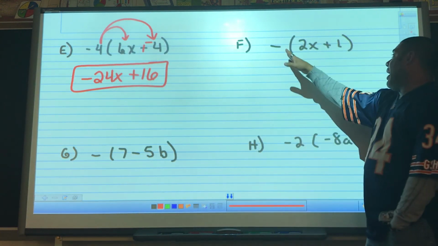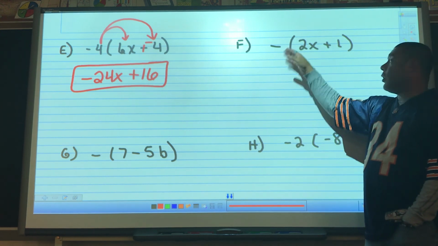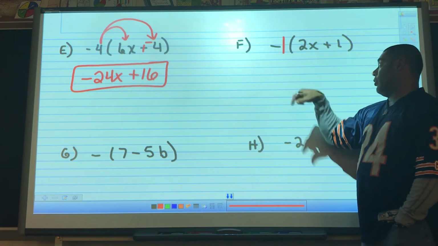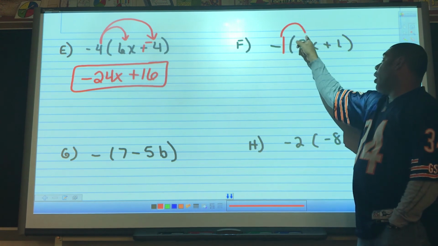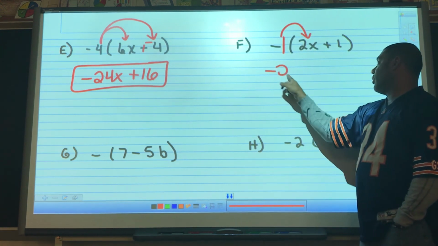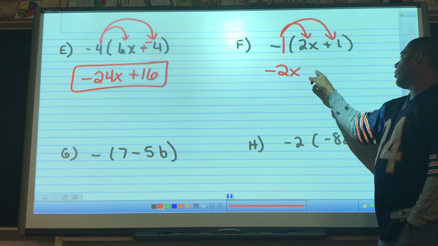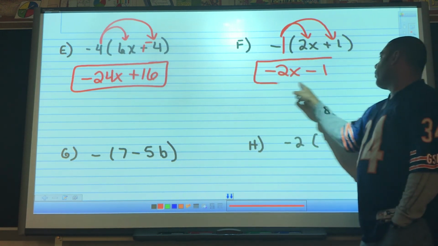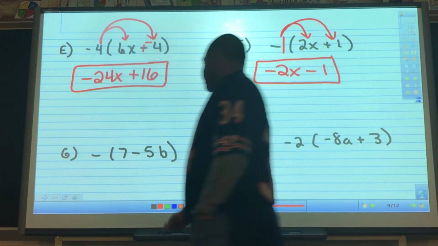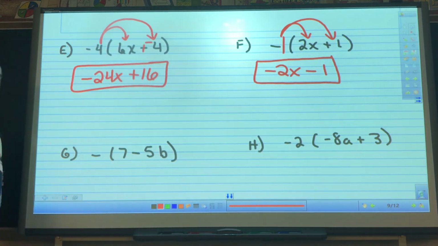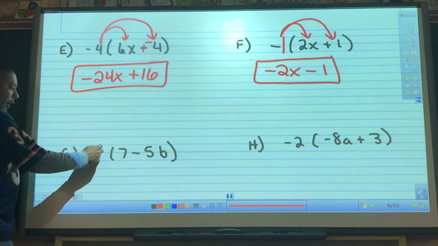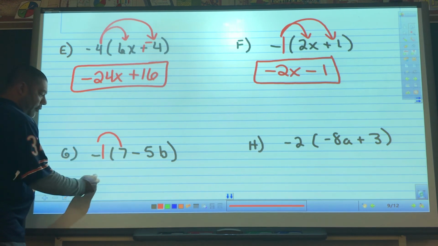Now, doesn't seem obvious because we don't write the number. This is a negative 1. So this is negative 1 times 2x is negative 2x. Negative 1 times 1 is negative 1. Similar thing here with letter G. So negative 1. Negative 1 times 7 is negative 7.